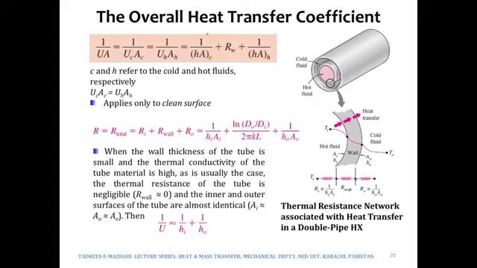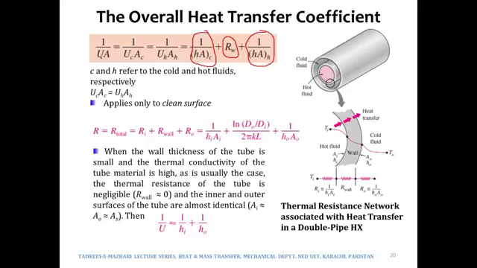So it would be 1 over hA between the cold fluid and the wall, and 1 over hA between the hot fluid and the wall, and this would be the resistance of the wall itself. For example, over here this would be log of Ro over Ri divided by 2 pi kL. So we may write it as so, since this is resistance, the resistance and U are reciprocals of each other.